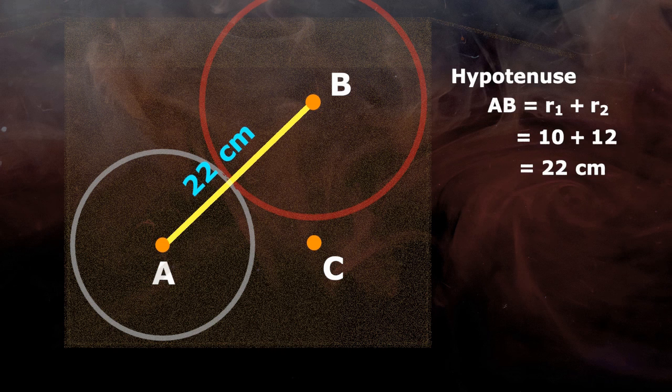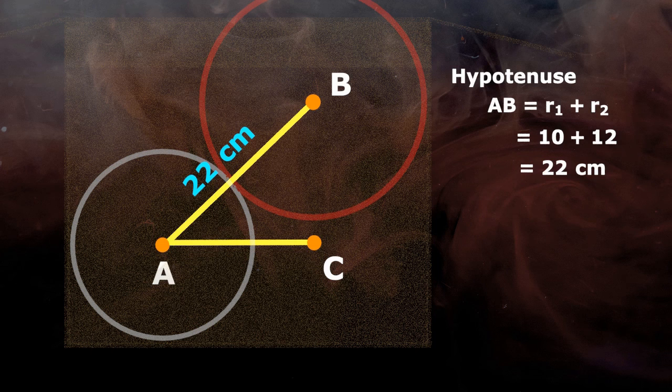Now let's find the adjacent side AC. In this case, we can't just add the radii of both balls like we did previously, because R1 is okay, but the remaining portion is not equal to R2. R2 is a bit longer. So how can we find this length?